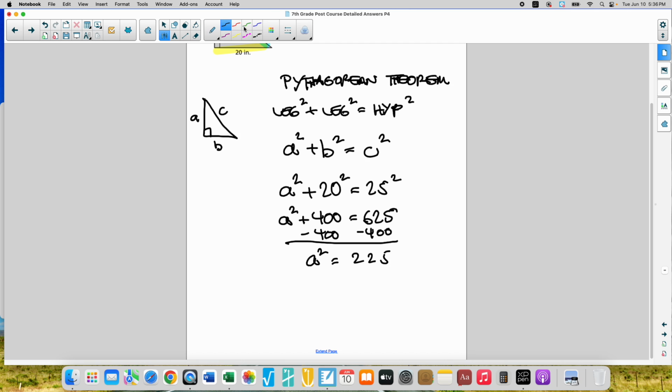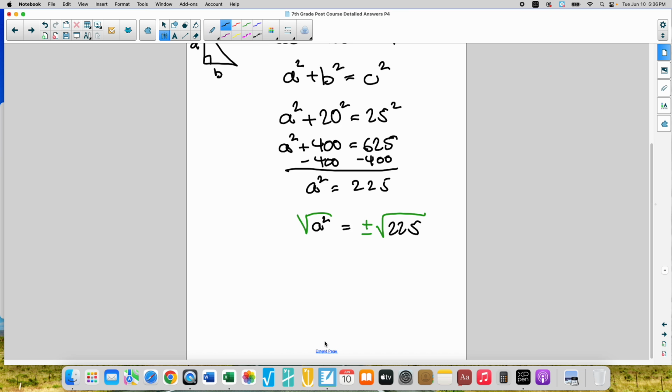So I need to take the square root. I've got to get rid of that square, so I will take the square root of both sides. And remember that when I introduce the square root of a variable being squared, I have to do plus or minus. The square and the square root will cancel.